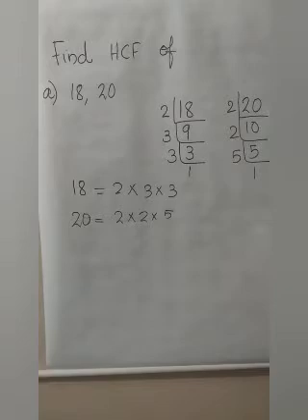But every time use the suitable method conveniently, to make our calculation easy and mistake free. If you're using a factor tree and all, there is a chance of missing out factors. So if you're using division method, you will not miss out any factors.